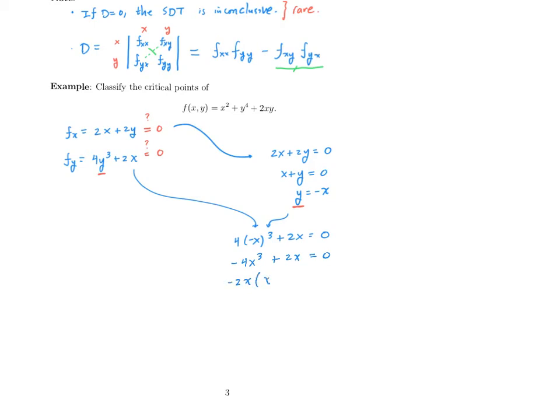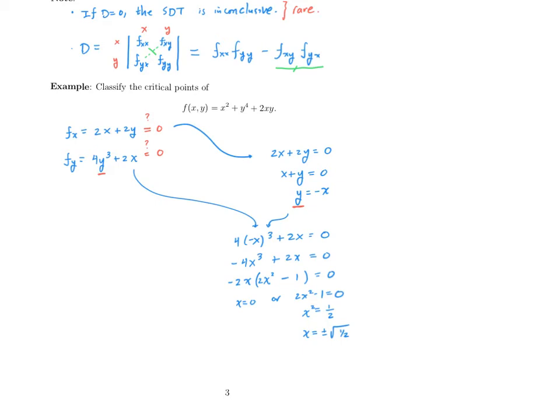That would make what's left over 2x squared minus 1. And if I'd like to know where that quantity is equal to 0, that means the first term in the product is 0, or the second term in the product is 0. And that would imply x squared is 1/2, or x is equal to plus or minus the square root of 1/2.